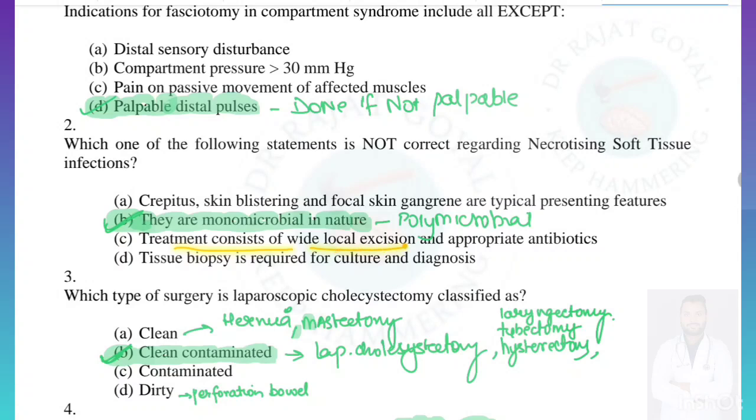Treatment consisting of wide local excision and appropriate antibiotics is also true. Tissue biopsy is required for culture and diagnosis, also true. They are monomicrobial in nature. No, this is not true. This is a false statement, because we know in necrotizing fasciitis the infection is polymicrobial. So the answer here will be B.